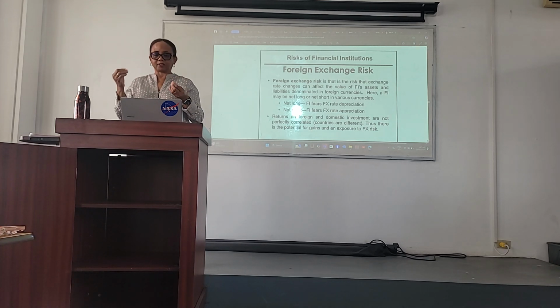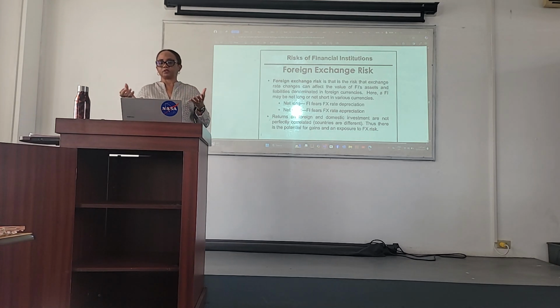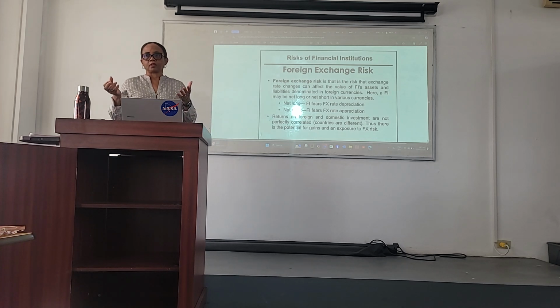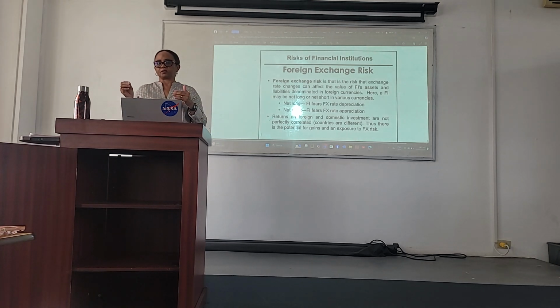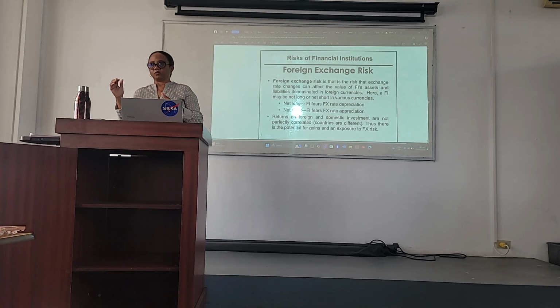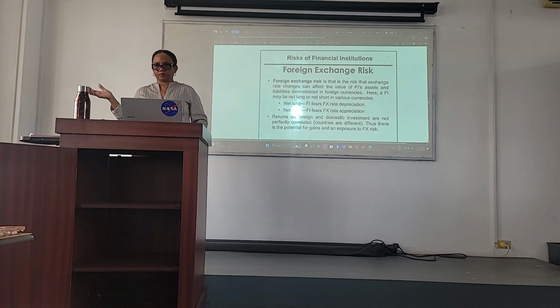When you have assets in different currencies, it doesn't mean that the returns on what you have domestically are going to be the same as the returns you have outside.